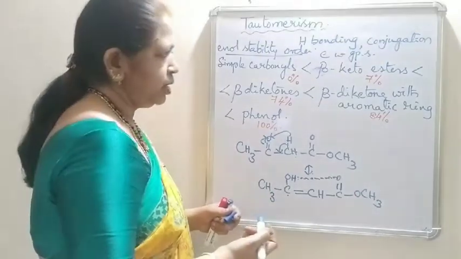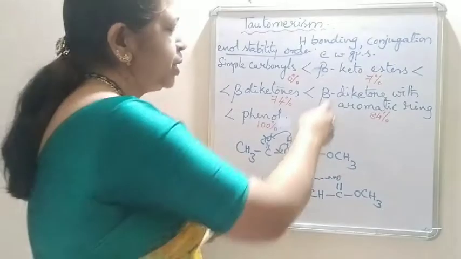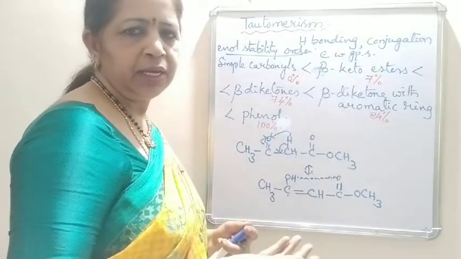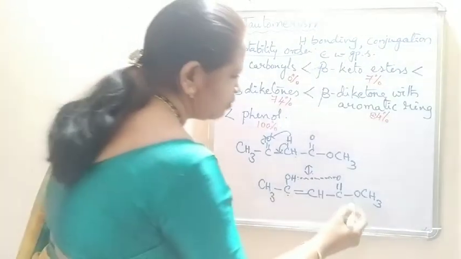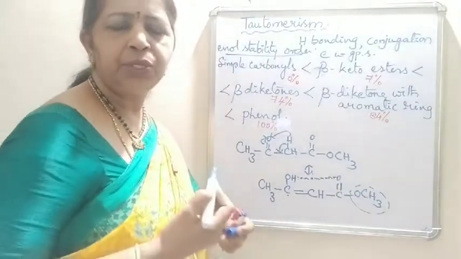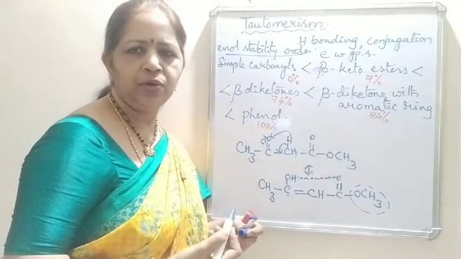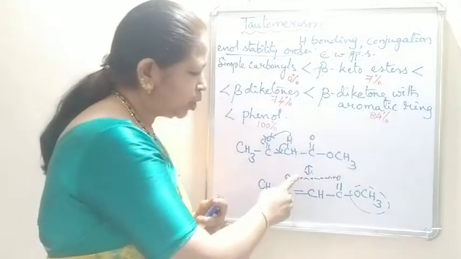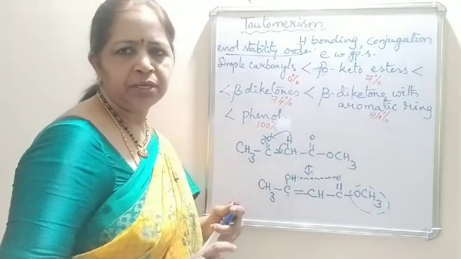Okay, but the percentage of enol is not increasing so much. Why? The reason is the presence of this group. This group is a very strong electron donating group which decreases the effect of hydrogen bonding and also conjugation.